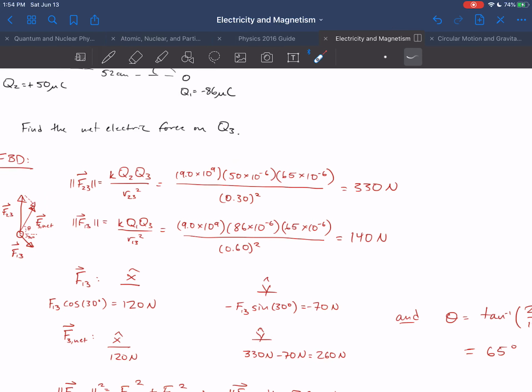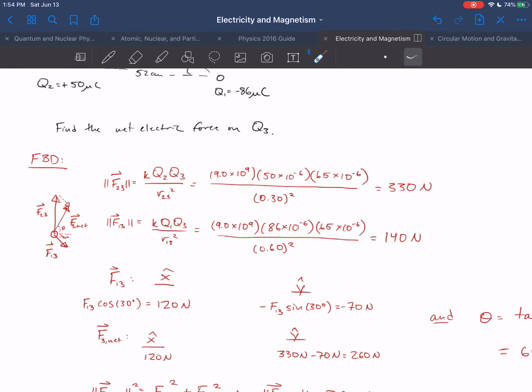So in the y direction, we have the vertical component of F13, that's negative 70 newtons, and the vertical component of F23, okay, is, as we calculated up here, exactly equal to the total magnitude of F23, which is equal to 330 newtons. So this vertical arrow is 330 newtons, and then it drops to get our net vector by 70 newtons.